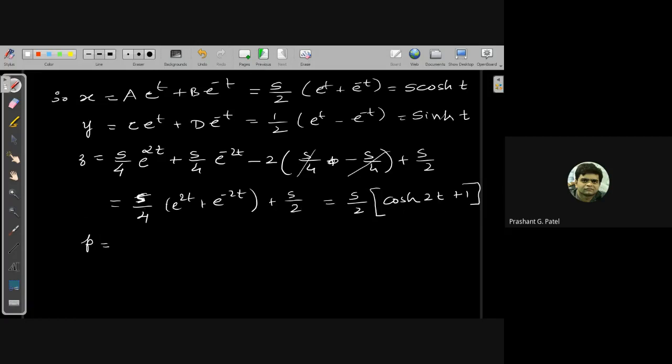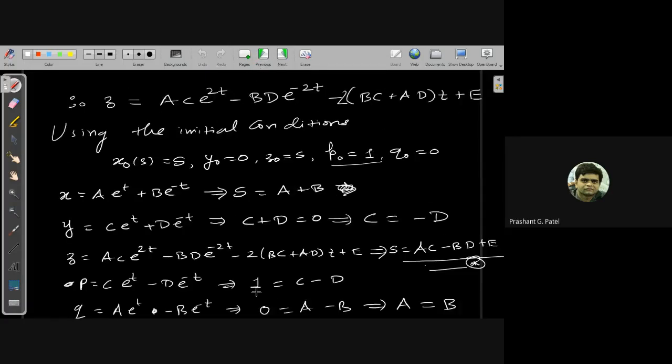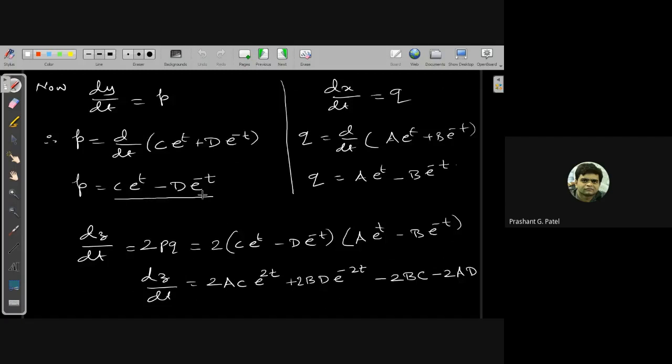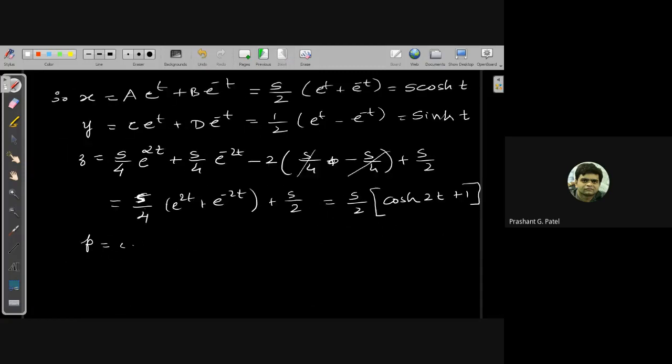The value of p you will have: p is c e power t minus d e power minus t. The value of c we got is 1 by 2, d is minus 1 by 2. So this will give me e power t plus e power minus t by 2. So that will give me cos hyperbolic of t.